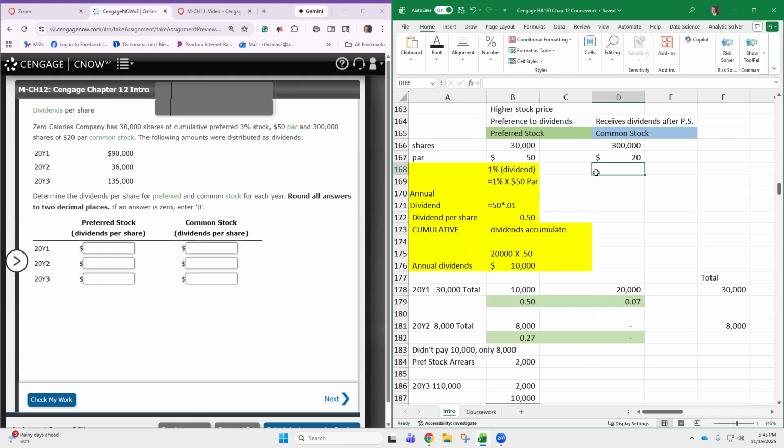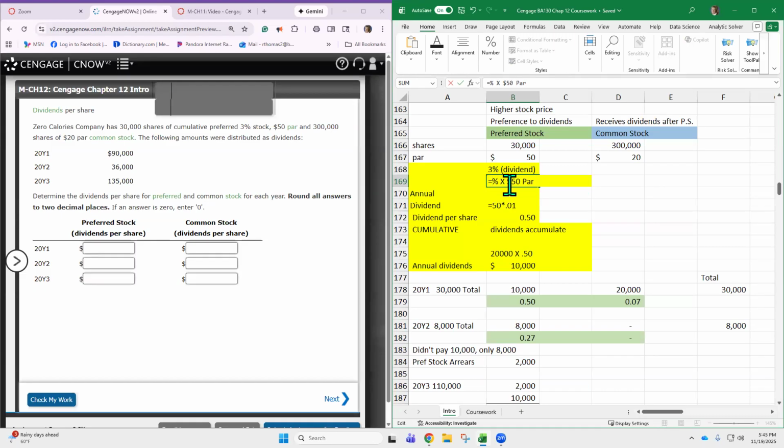So kind of like we put down the characteristics of the bonds, you really ought to put down the characteristics of your stock, okay? Now over here in yellow, we've got 3% dividend. A 3% dividend, that's what that 3% stands for. What does that mean?